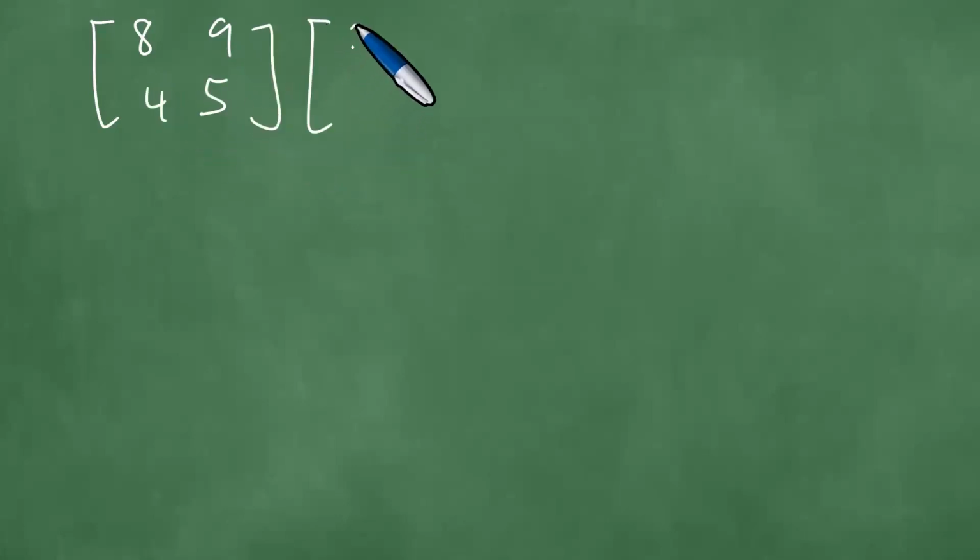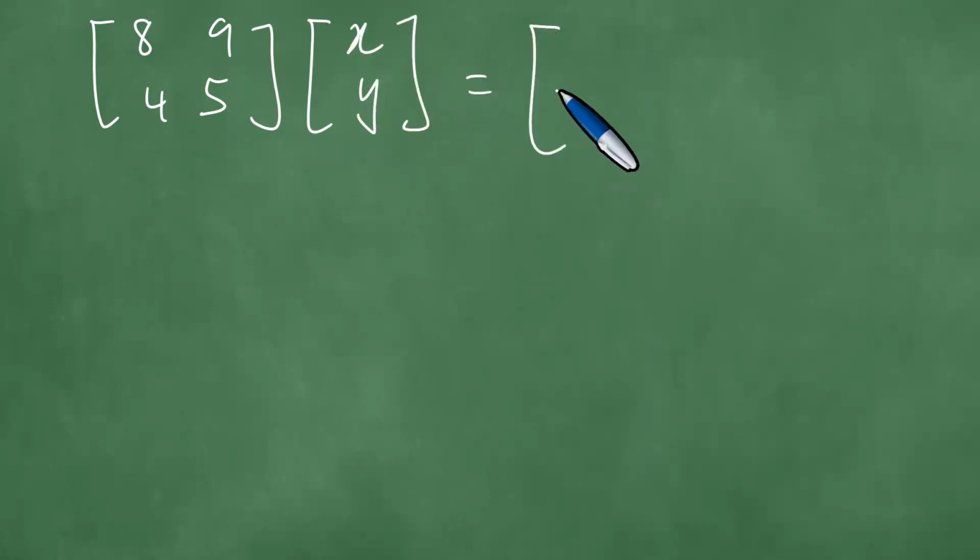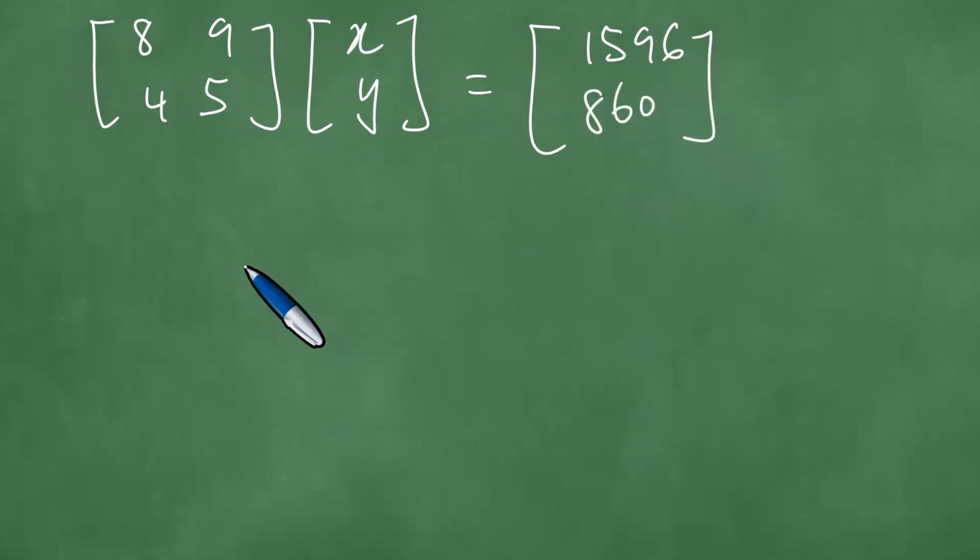So we then have the 8, 9, 4, 5, x, y, 1596, 860. So what is the answer to this here?